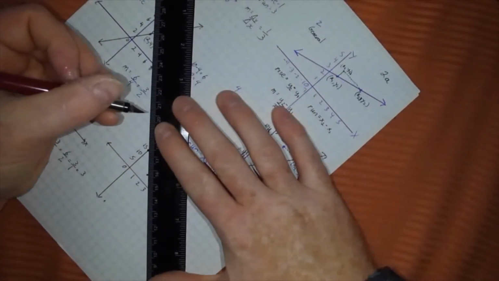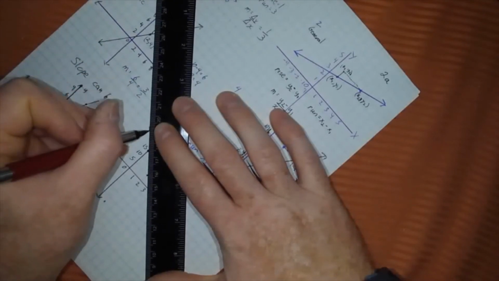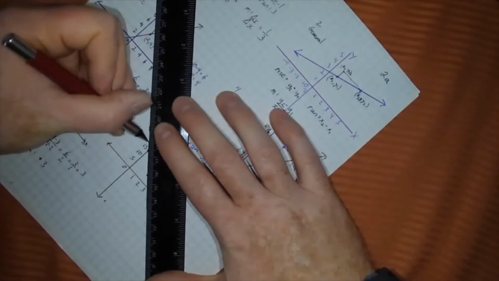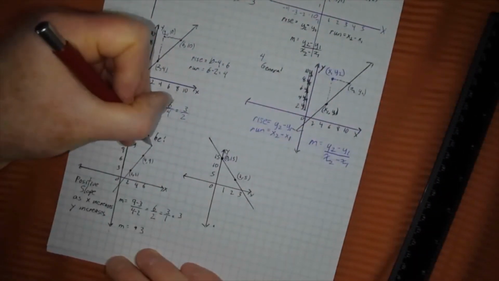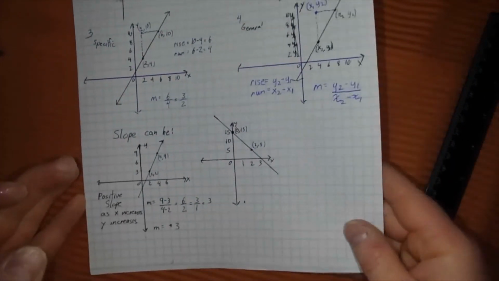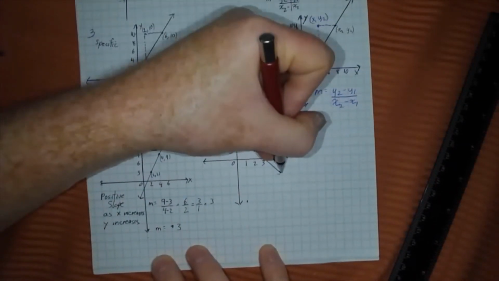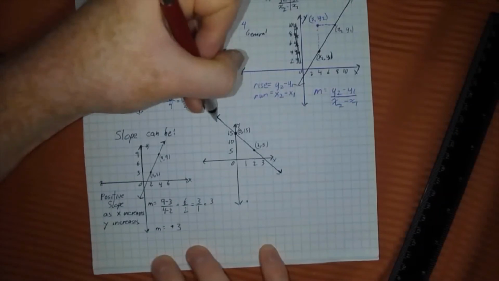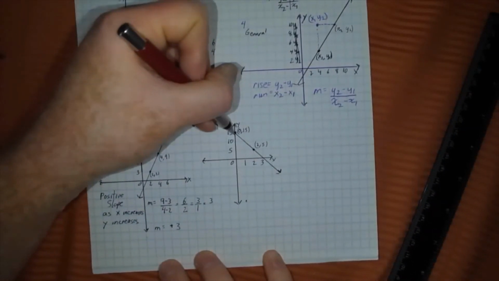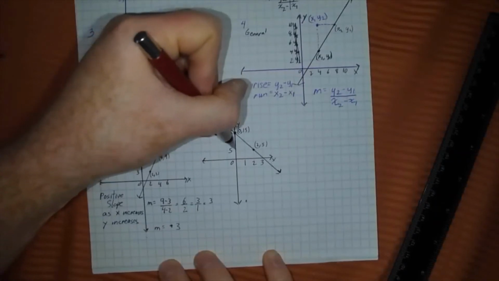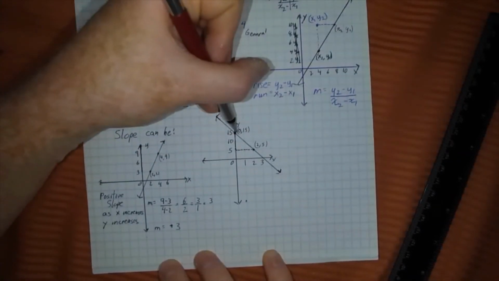As I go from left to right, my y value is decreasing. So in this case, I'm going to look at my rise. At my starting point here, my rise is going down, down, down, down, down, and over, over, over, over, over for my run.